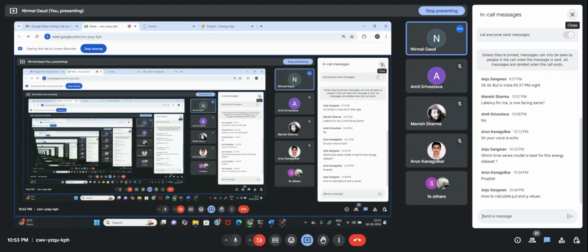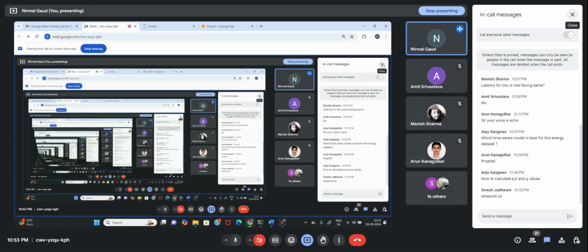I got some questions here. One is saying, okay, Prophet model can also be used. Time series, which model ARIMA we have used, and how to calculate PDQ values. See, PDQ values you have to put from your side. It's certainly kind of a test which you do randomly where you can have good results.